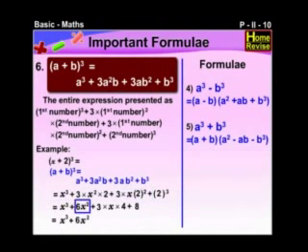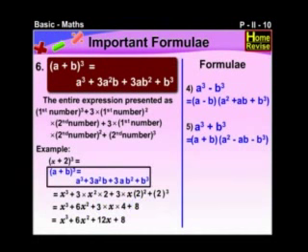X cube plus 6x square plus 3 into 4, 12x plus 8. Formula is cube of a plus b is equal to a cube plus 3a square b plus 3ab square plus cube of b.